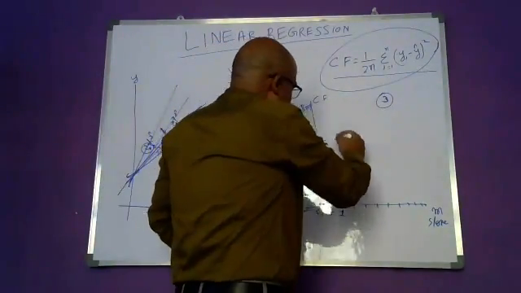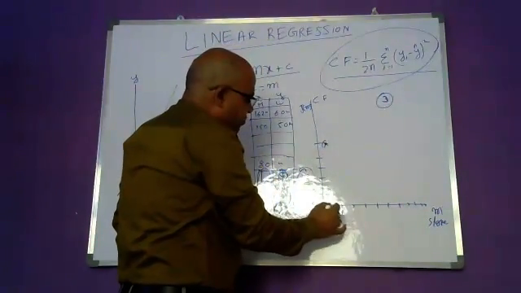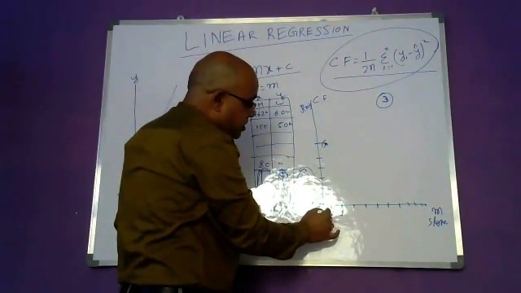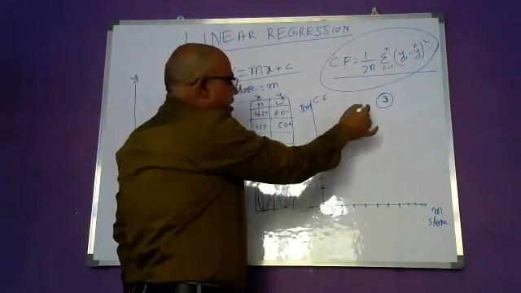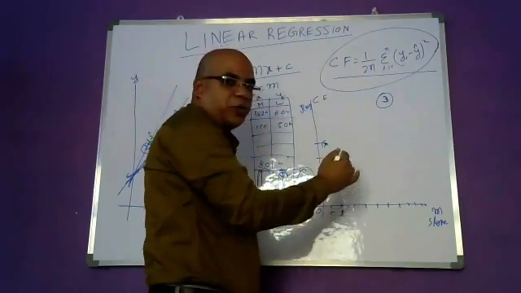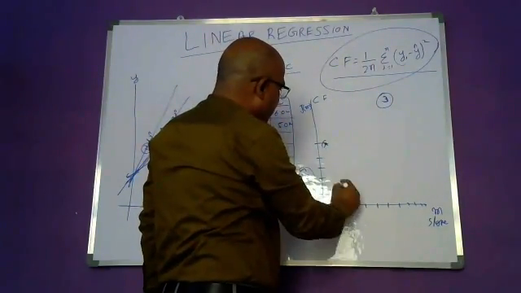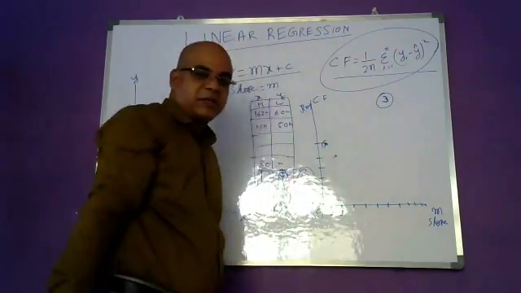Suppose if we change the slope from 0.5 to 1, the cost function came to 2.5. So it came here.